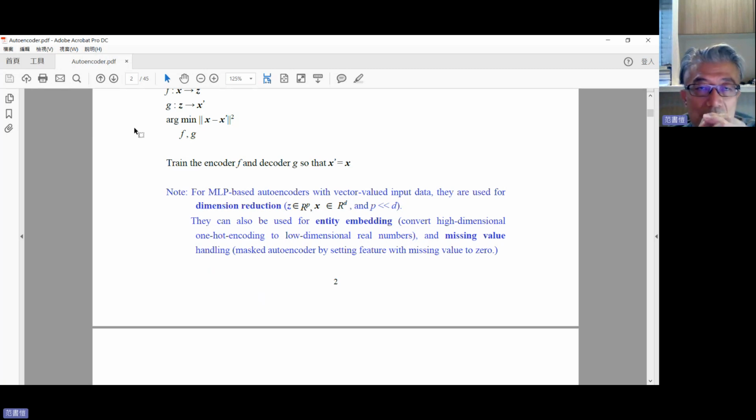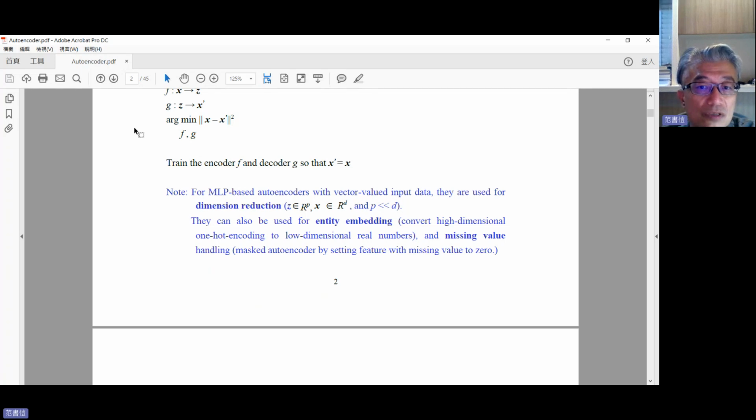And in the past decade, there's another one called t-SNE, the t-distributed stochastic neighbor embedding. For the dimensional reduction, Z is a latent vector belonging to a Euclidean space with dimensionality P. X is Euclidean with the original dimension D. P is much smaller than D.